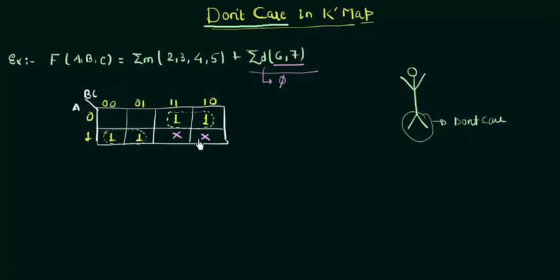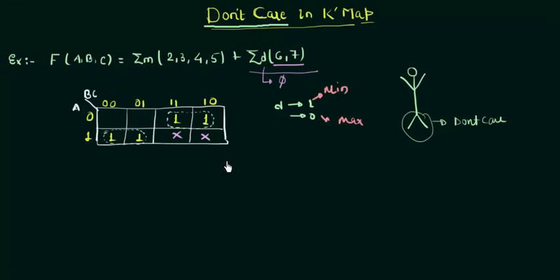But now you have the don't care, so this D could be 1 or it could be 0 as well, as it is don't care. We can take it as 1, we can take it as 0, whatever we want to. But we take it as 1 in case we have to reduce our K map by using the min terms, and we take it as 0 in case we have to reduce our function by using the max terms. So keep this in your mind. This is when you are operating with min terms, and this is when you are operating with max terms.